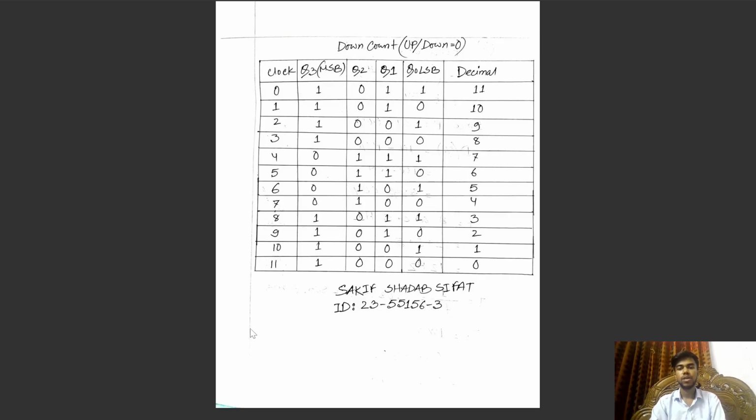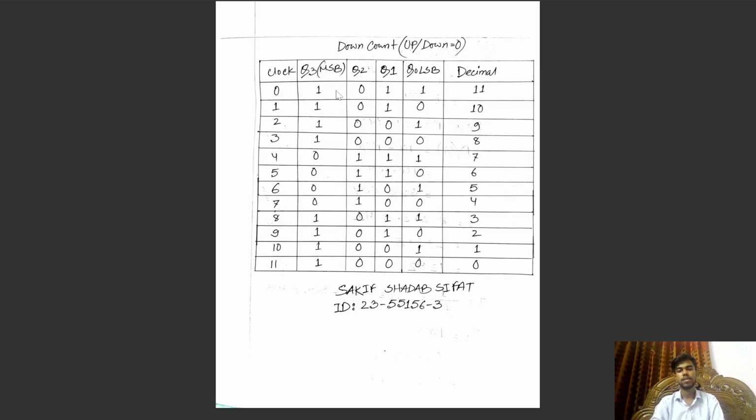Then if we move to the down counter, it has been calculated the same as the previous one. Here the clock moves from 0 to 11. We do not need 12.